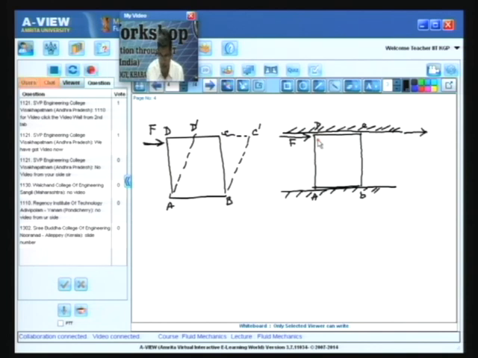And if it is done, it will be observed that this element goes on changing continuously in its dimension and shape like this.